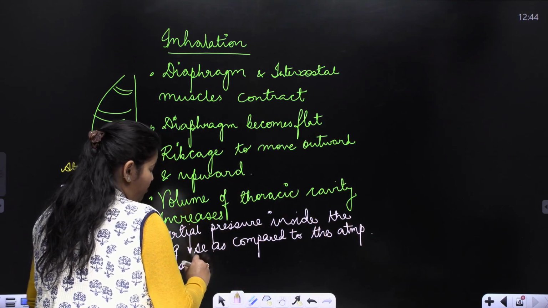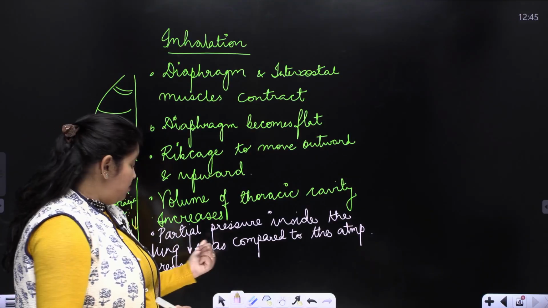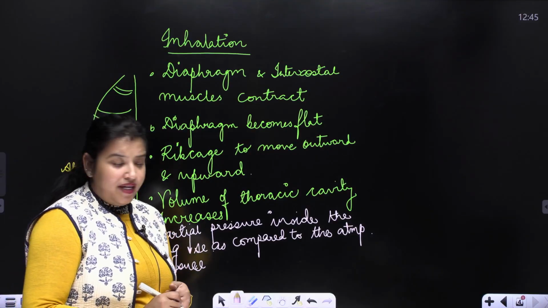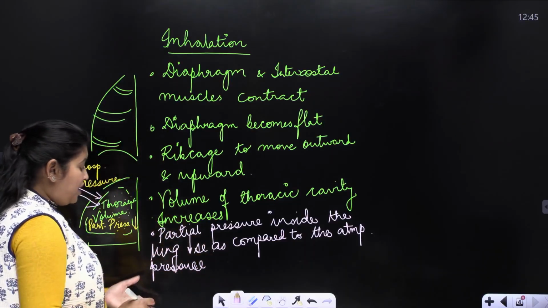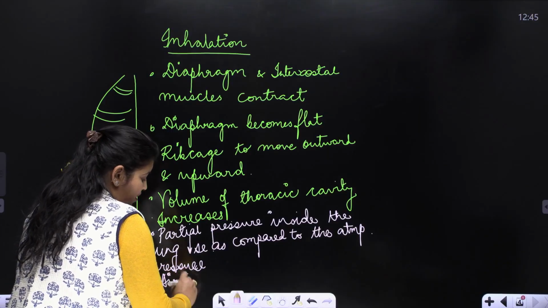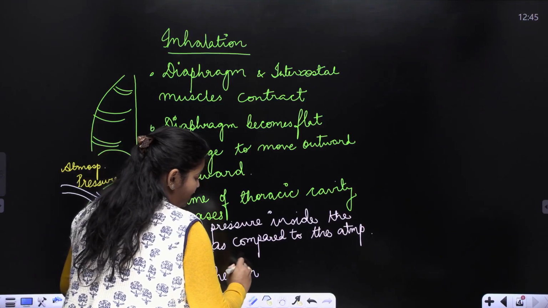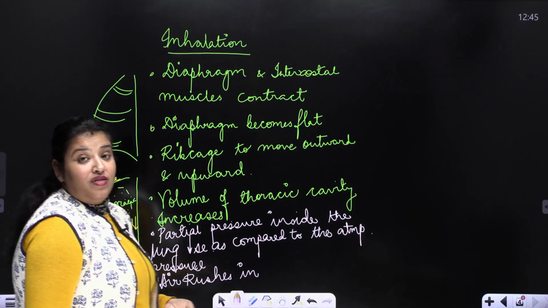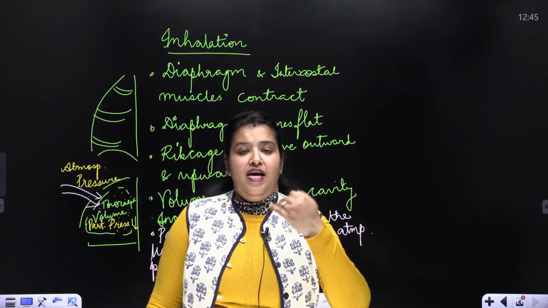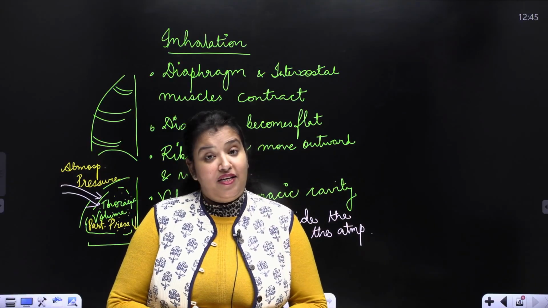As compared to the atmospheric pressure, the partial pressure is going to decrease. All right. Now, once the partial pressure decreases, I've already told you, air rushes in. That is, it results in inhalation. This is what is happening during inhalation.